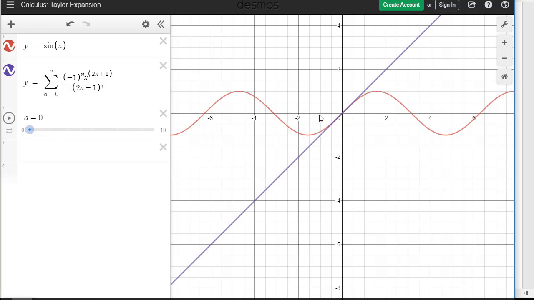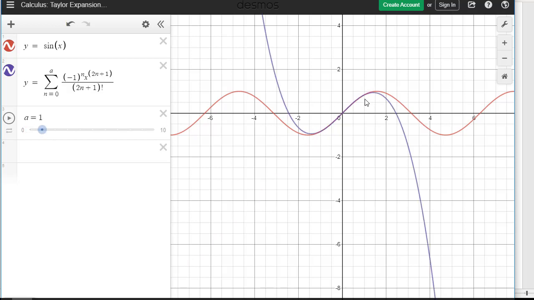For example, if I look out here at x equals 1, I got a little bit of error there. Now when I add on that cubic term, there's almost no error there. So we can see the x's for which the polynomial approximates the function well enough is spreading.